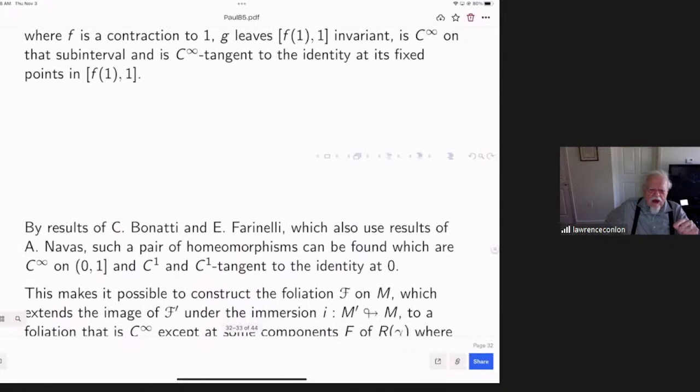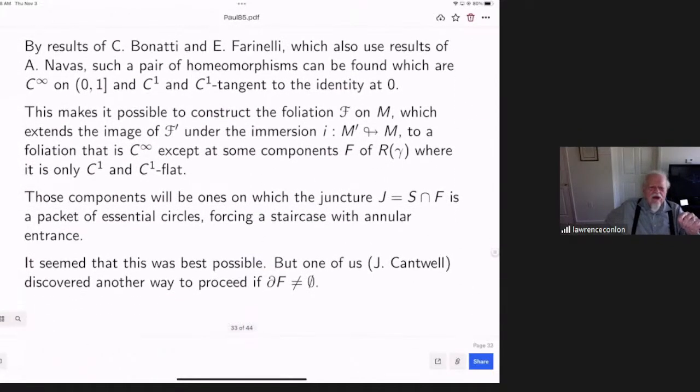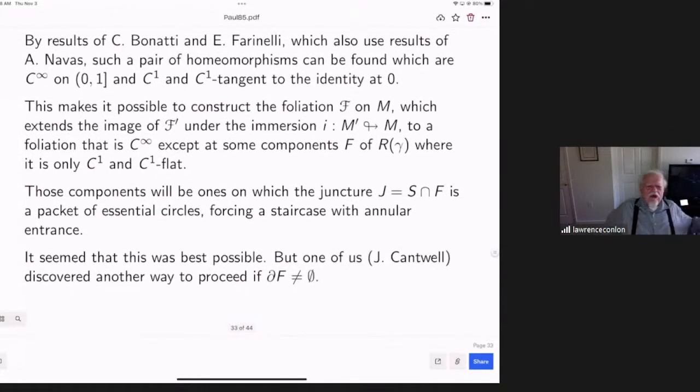With that, this can be produced by results of Bonatti and Farinelli, and they depend also on results of Navas. A pair of homeomorphisms can be found which are C infinity on the almost full interval, just excluding 0, and C1 and C1 tangent to the identity at 0.